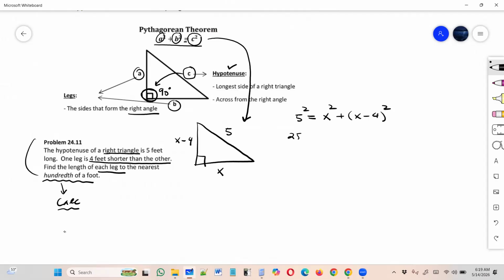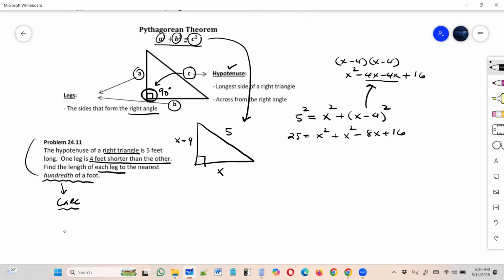Okay, so this is 25 equals x squared. This I have to FOIL. X squared minus 4x plus 16. So x squared minus 8x plus 16.